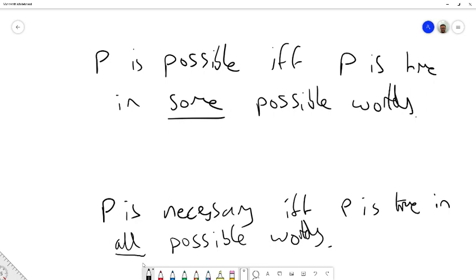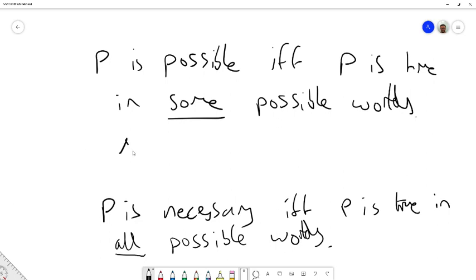And the interdefining of these things, so to say that something is true in some possible world is to say that it's not the case that it holds. Oh right, hang on, how are we going to get this? I'm going to have to write it out in terms.